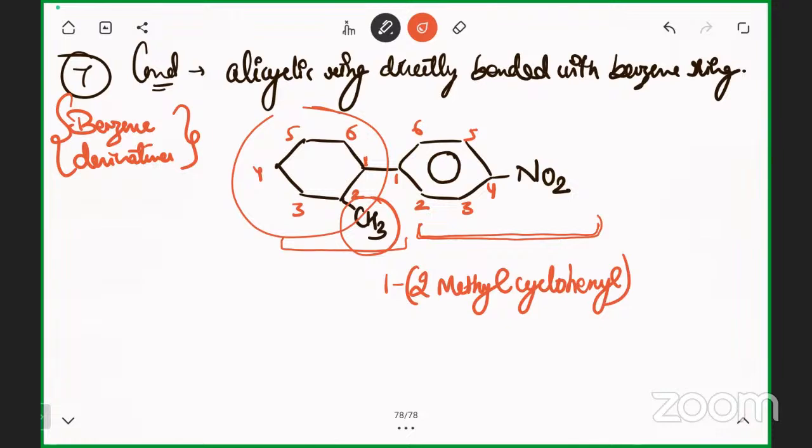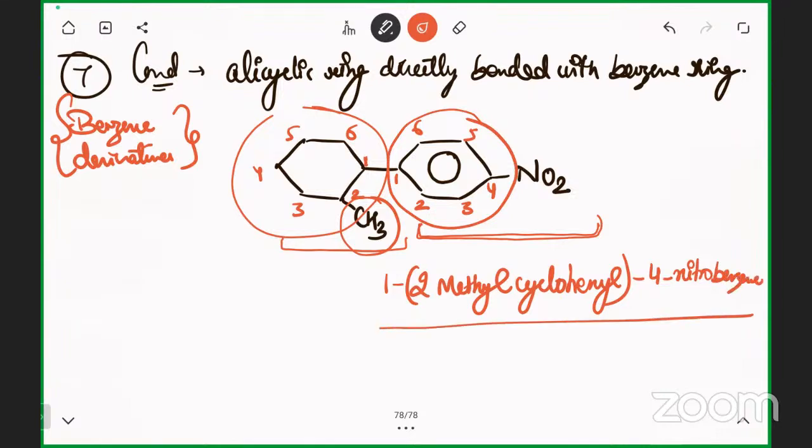On the fourth position, the nitro group is present. So 4, then dash, nitro. And at the last, you name it benzene. So the name is 1-(2-methylcyclohexyl)-4-nitrobenzene.